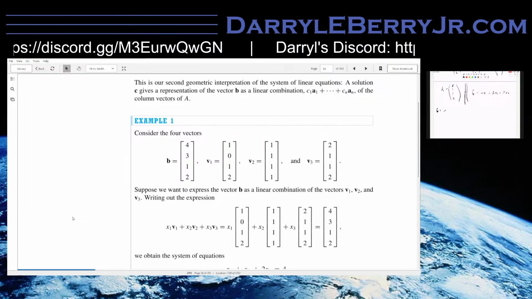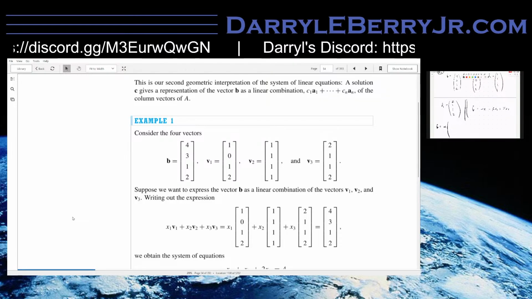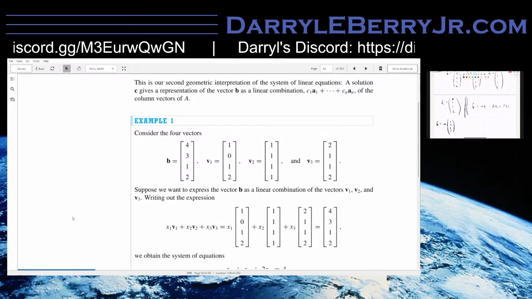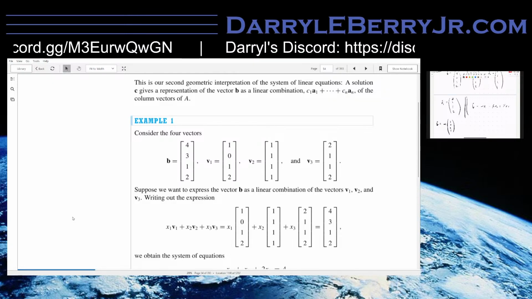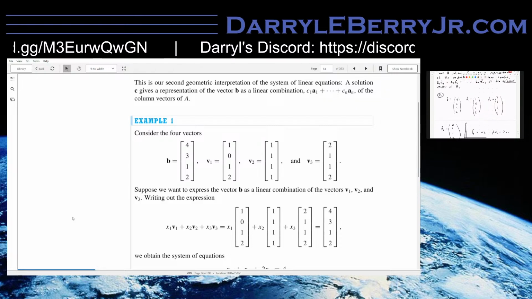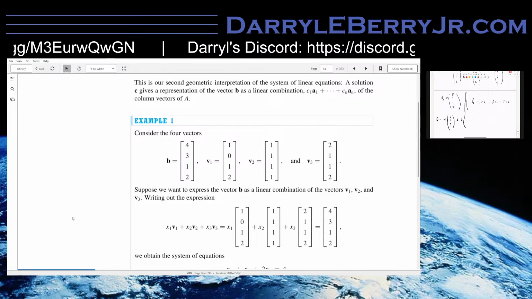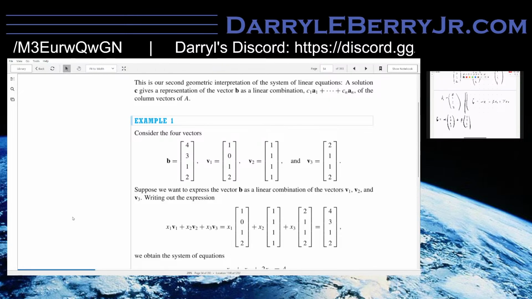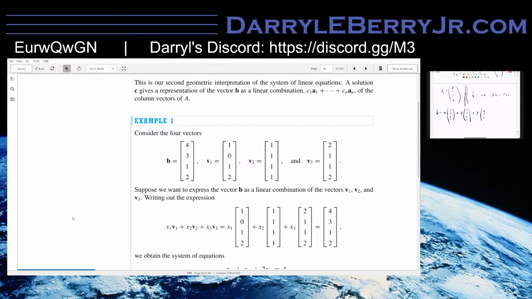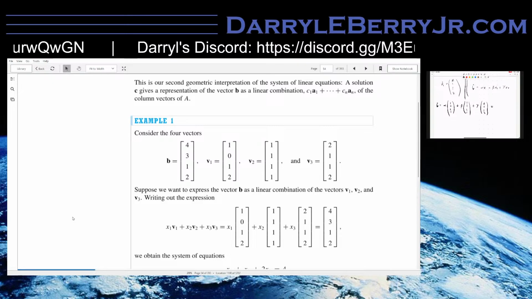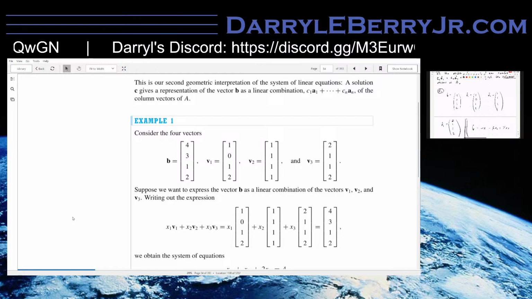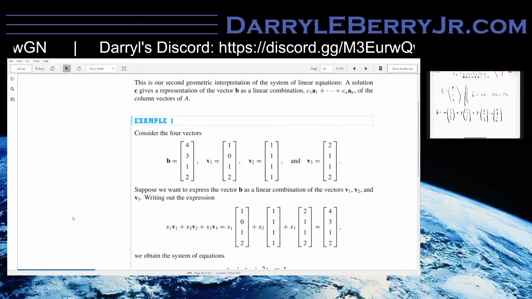So B equals alpha 1, 0, 1, 2, plus beta 1, 1, 1, 1, plus gamma 2, 1, 1, 2. And that all equals 4, 3, 1, 2.